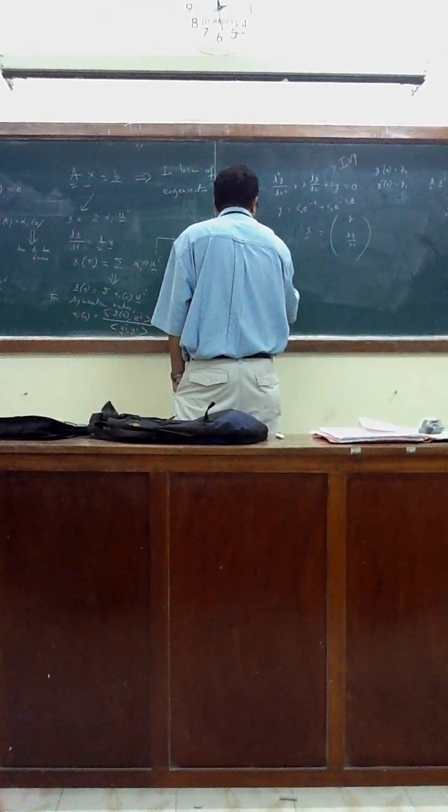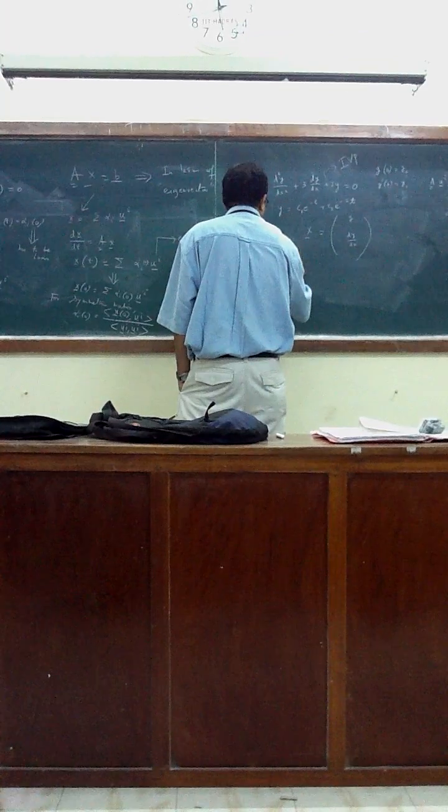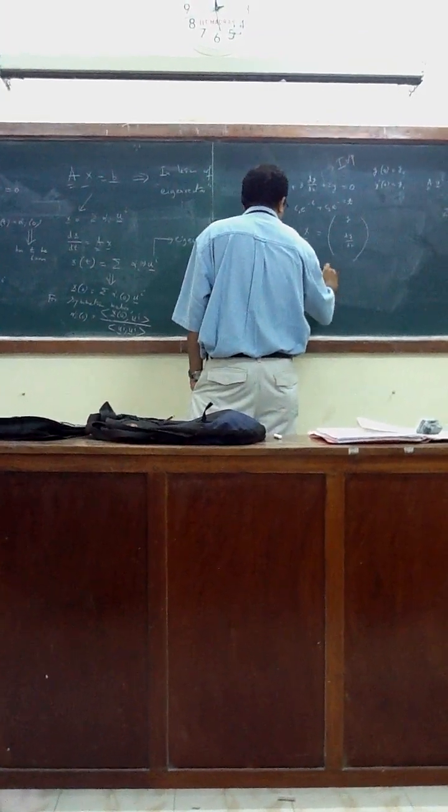dx/dt equals A x, where my t is nothing but small x?